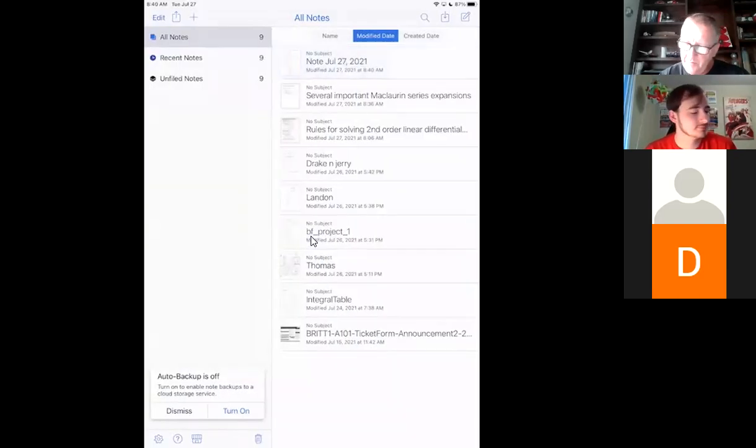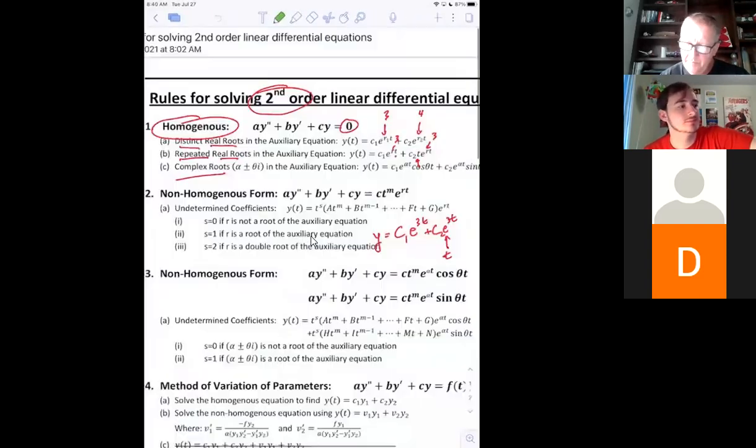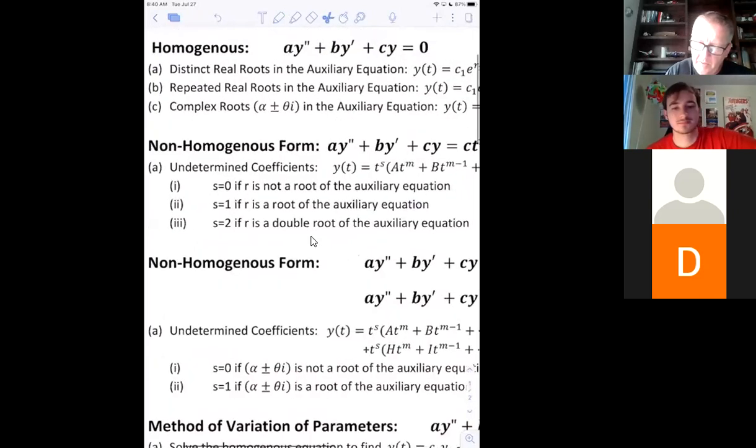Now, just to forecast something, notice in our note sheet that I'm building, if you will, notice what I said here about complex roots, where you have alpha plus theta i. For us a second ago, wasn't that like 2 plus or minus 4i?